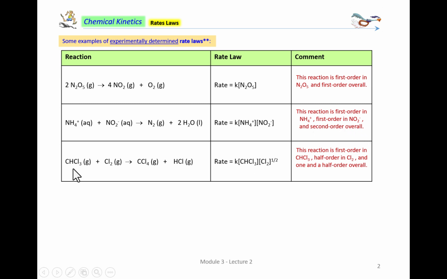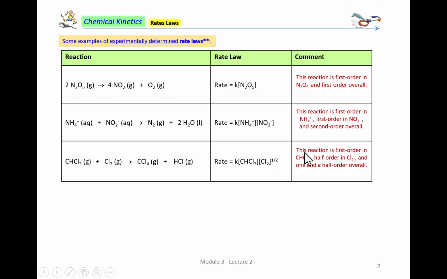And finally, here's a rather strange reaction of chloroform with chlorine to form carbon tetrachloride and hydrochloric acid. And what I mean by strange is that the rate law looks strange. The rate here is equal to the rate constant times the chloroform concentration to the first power times the chlorine concentration to the half power.